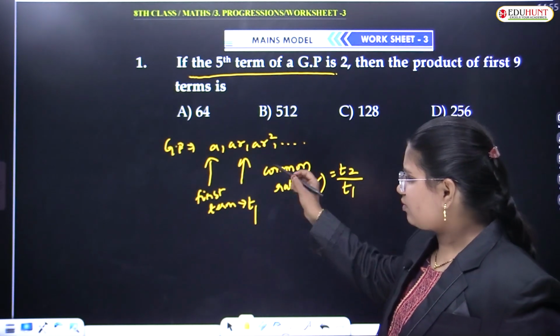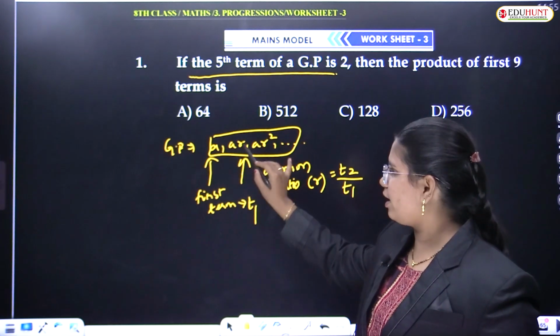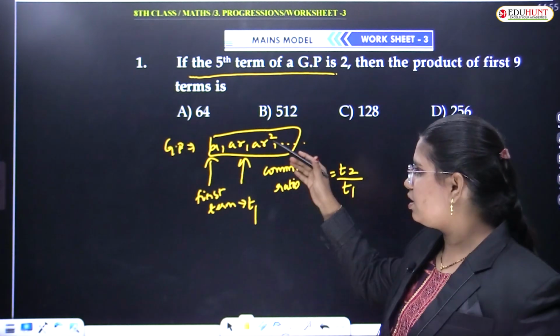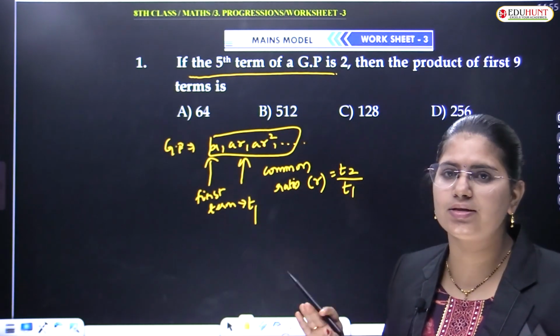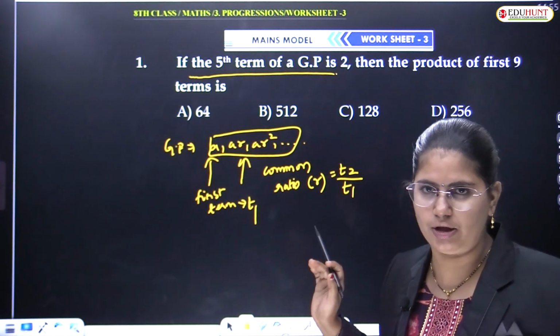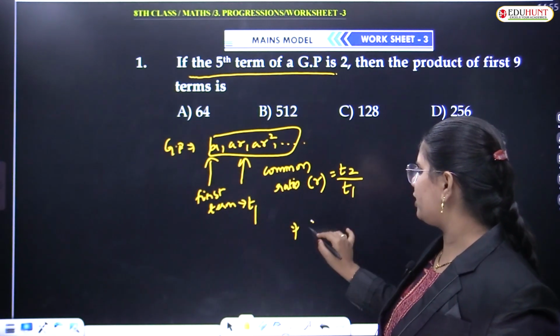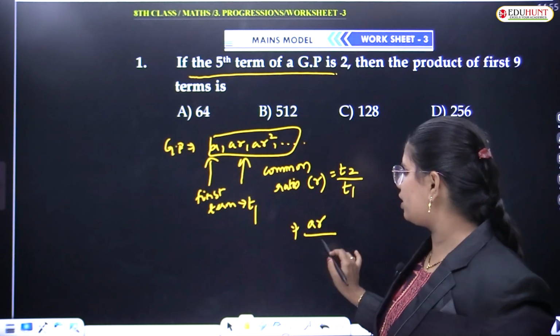And how will the terms in the GP be? It's a, ar, ar square and so on. Why am I taking these type of terms? Let me define. If you have a common ratio, then such type of terms are considered to be in GP. So what is the second term here? T2 by T1. The second term is ar, and the first term is a.